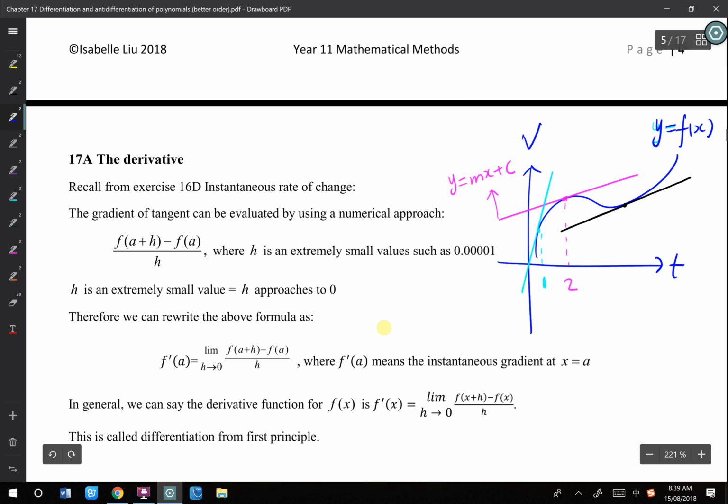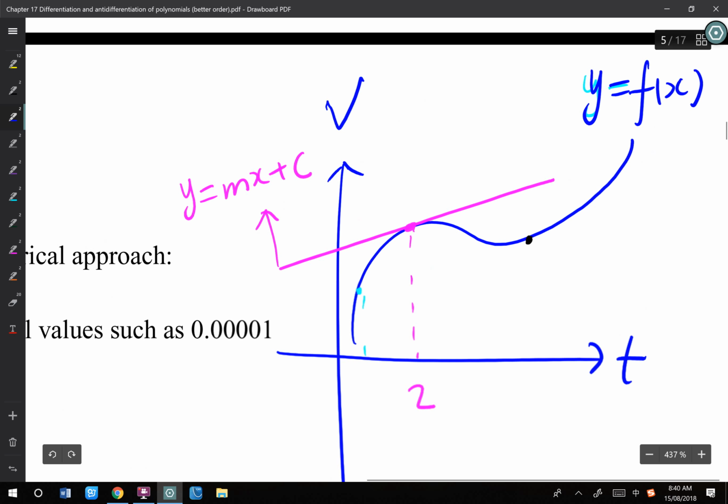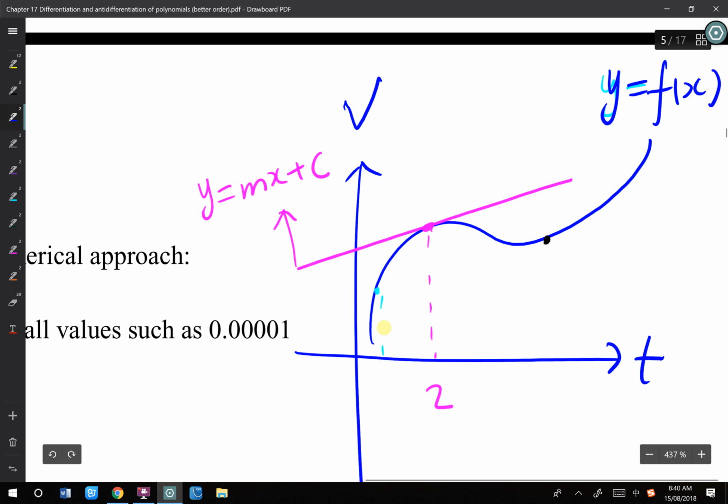Let's just focus on the point 2. The method we use at that time is to choose a point really close to the point 2, for example a point here on the f(x) curve.